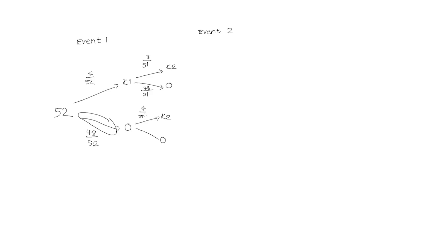Looking at the second branch again, we've seen that we have drawn a card that is not a king, and this leaves us with 47 other cards that are not kings. Therefore, the probability of drawing a card that is not a king in the second event is 47 divided by 51.